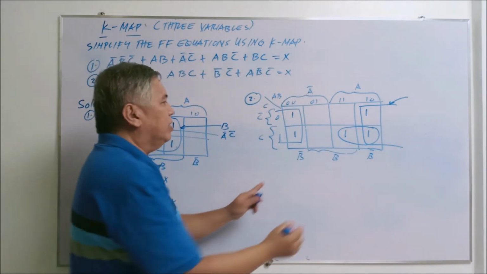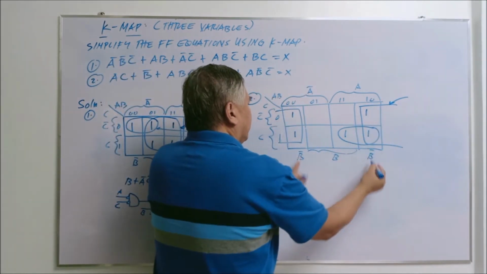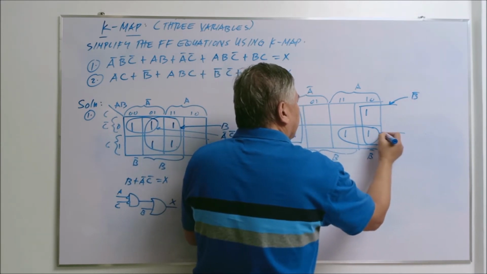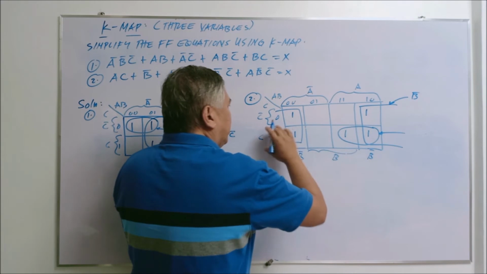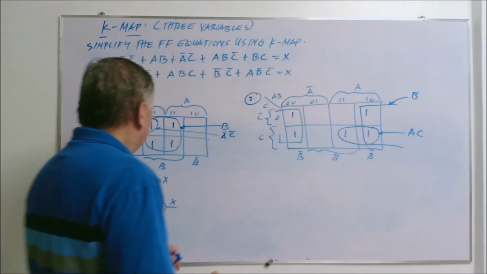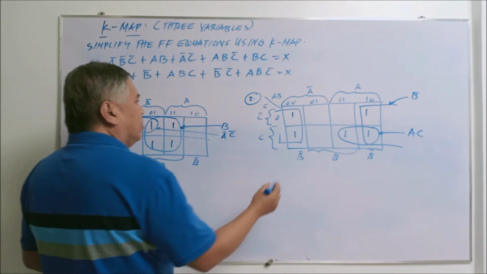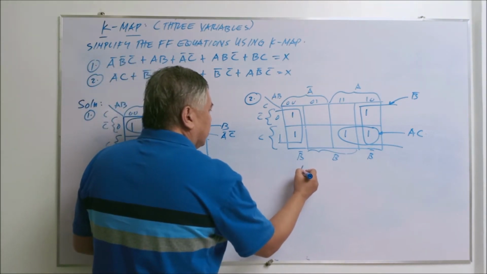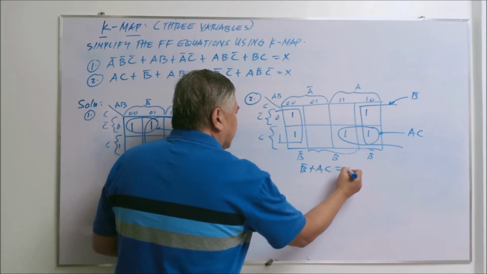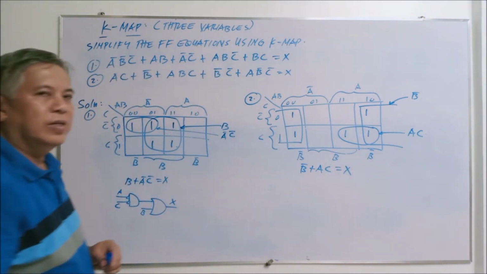So this one here belongs to B bar. And this one here belongs to AC. Okay? So, the equation now becomes B bar plus AC is equal to X.